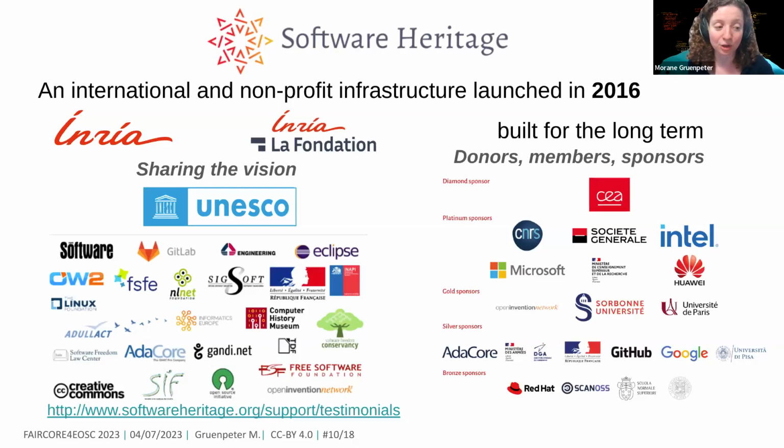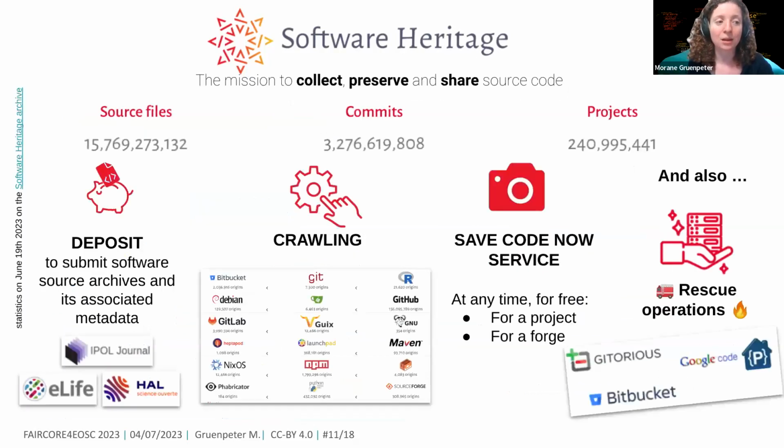And behind Software Heritage, there are many partners, sponsors, and other organizations that share the vision of archiving software source code. The mission is to collect, preserve, and share source code. And it's done with different mechanisms. There's the possibility between Software Heritage and infrastructure to deposit software by submitting the source archives and associated metadata.